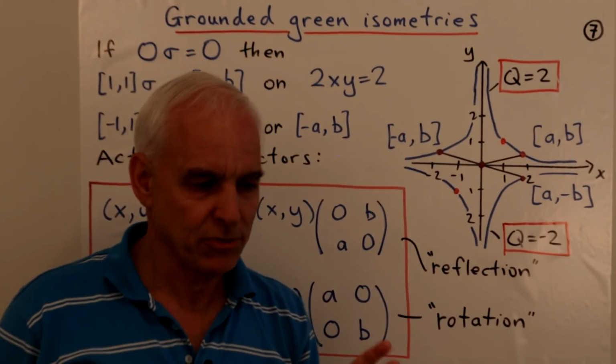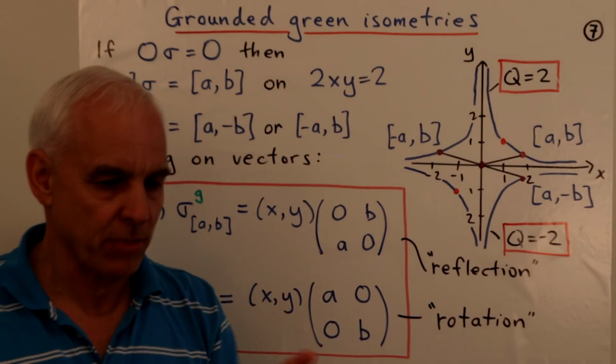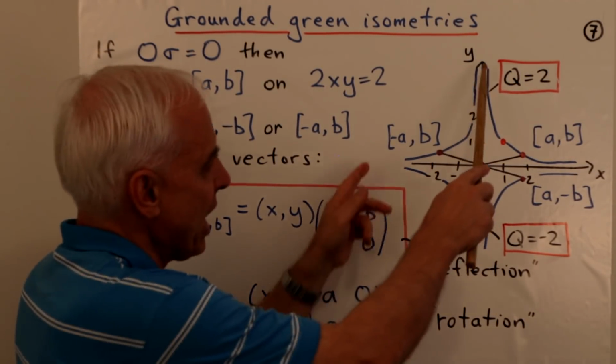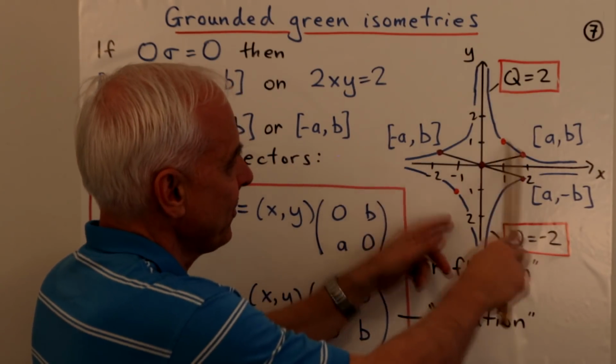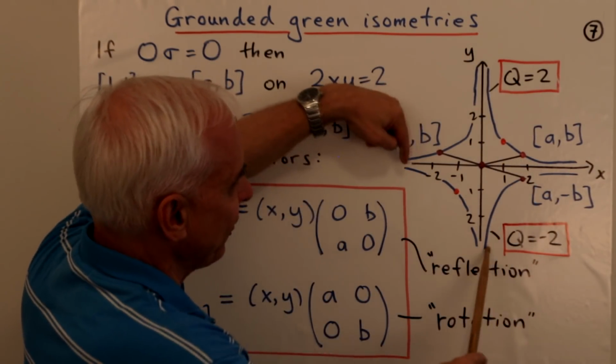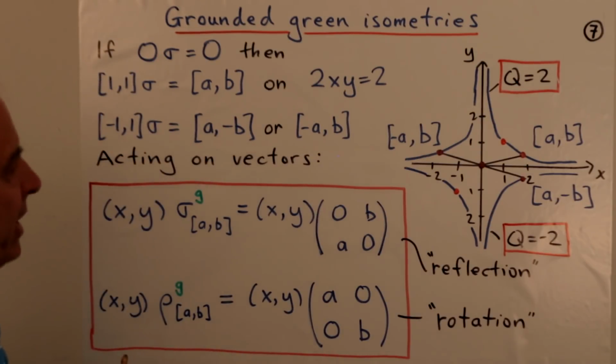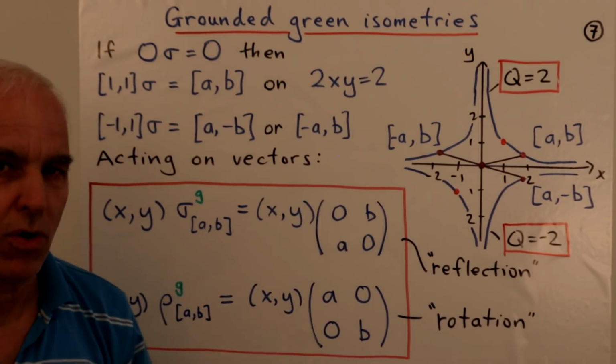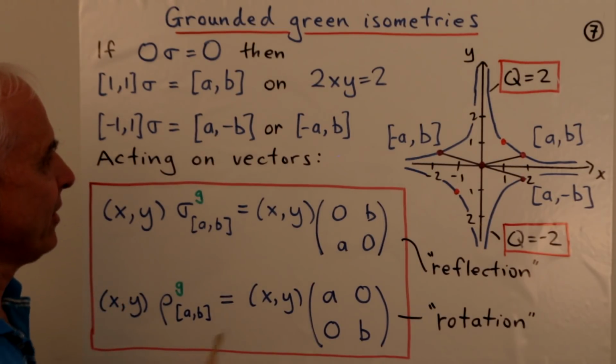So the green geometry is another relativistic geometry, a rotated version of the red one, where the circles are now hyperbolas that look like this, or perhaps like this. And here is the formula for the quadratic form, 2xy.